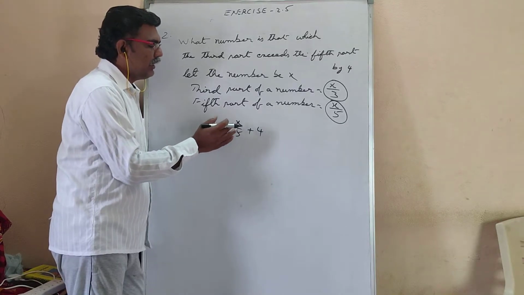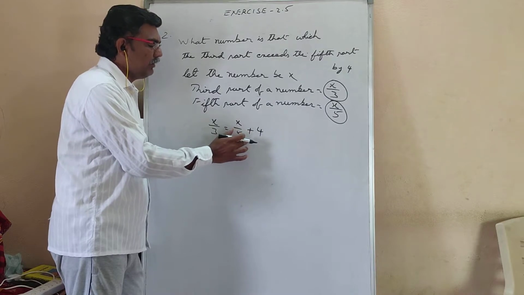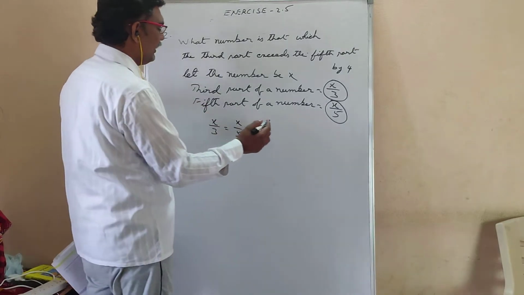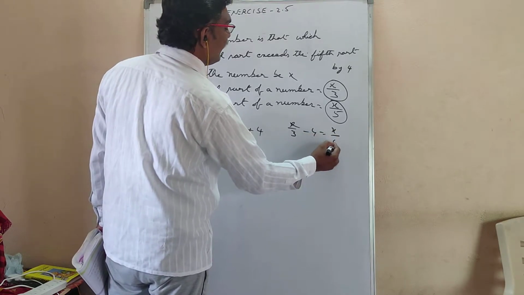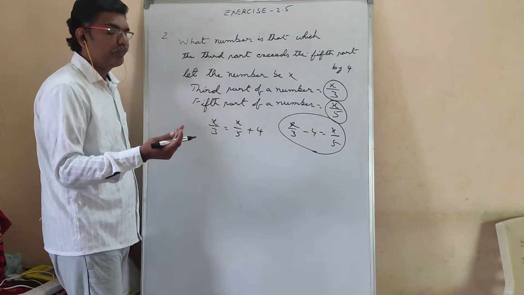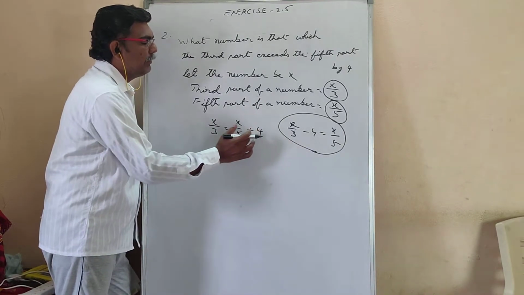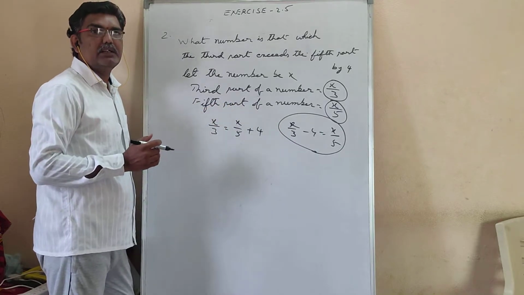So this you can write in another way. Some teachers will say, no, this is wrong, it's incorrect, and write like this. They will say x by 3 minus 4 is equal to x by 5. So this and this are equal. Here what they did is bring plus 4 to the left hand side.